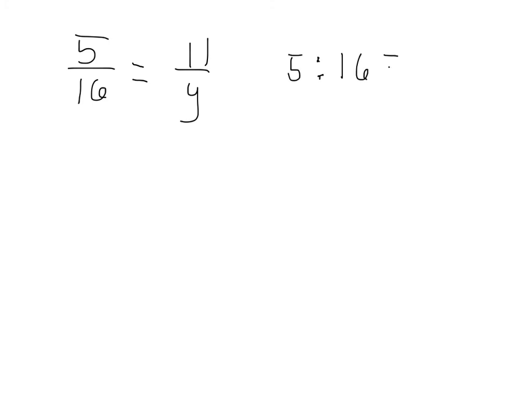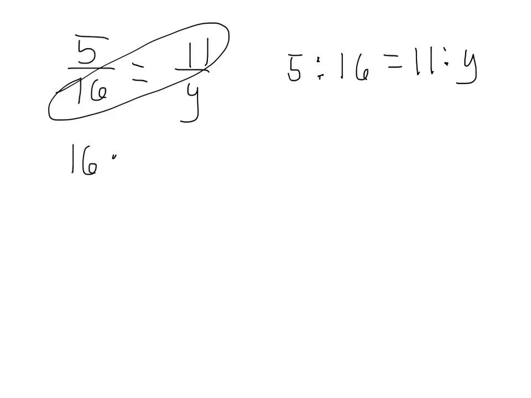That's 5 is to 16 as 11 is to y. Notice this could be written 5 is to 16 as 11 is to y, but it's easiest to solve them like this. Here are the two numbers that we have. So we're going to say 16 times 11 equals 176.